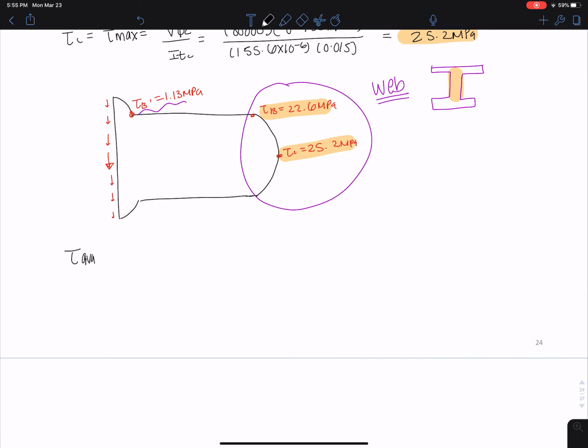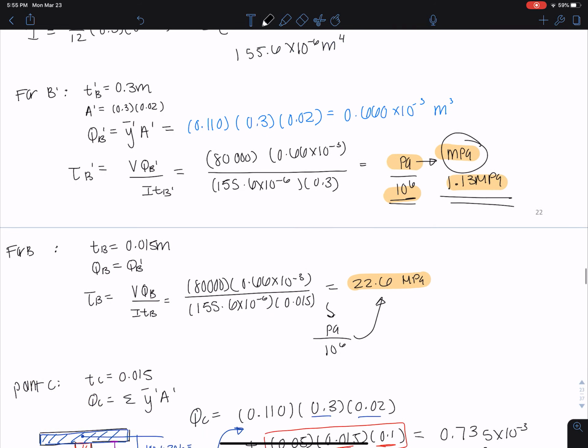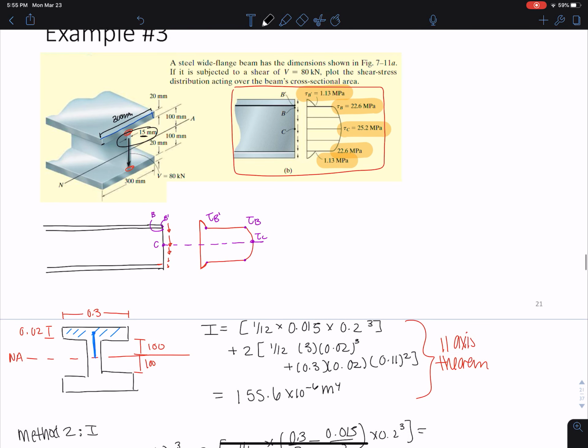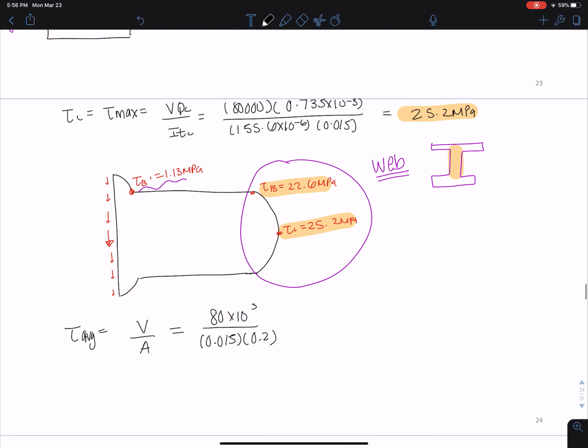We learned this really early on as just V over A. So that would be 80 times 10 cubed divided by 0.015 times 0.2, which is just the area of the web.